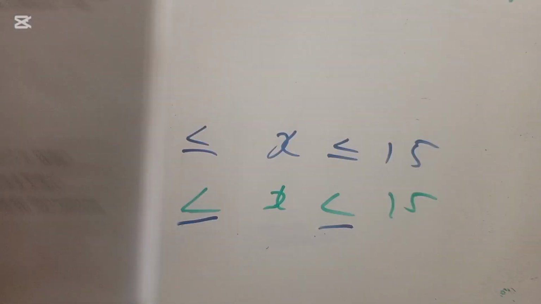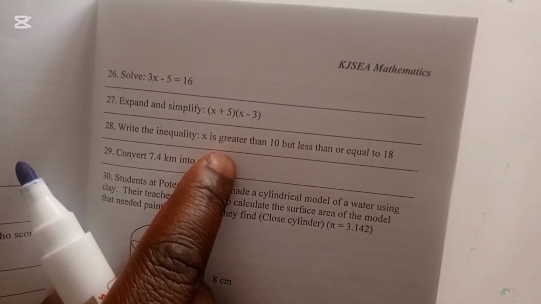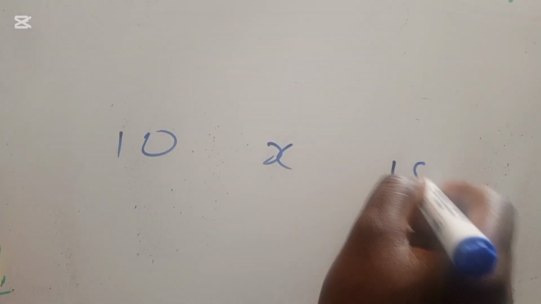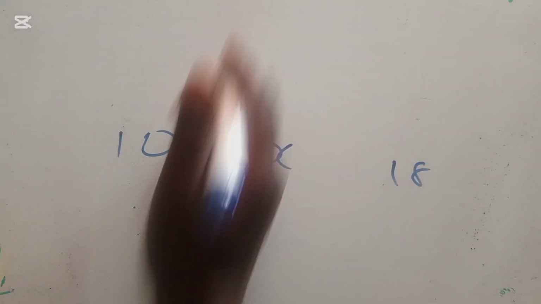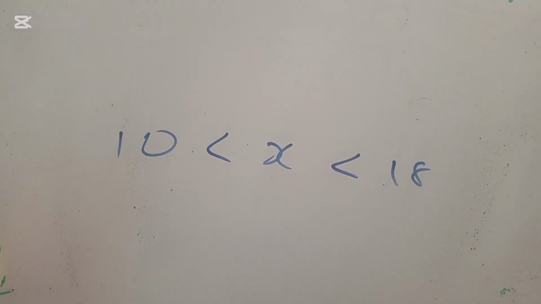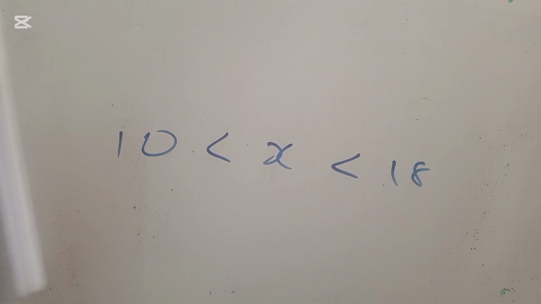So, what did we say about this question? The first thing you write, the x, the unknown between the two numbers. So we are talking about 10 and 18. So write 10 here, x, and you have 18. And what did we say also about the signs? You put less and less. Then you go ahead to interrogate the question and ask yourself, is there anywhere you will put an equal sign, a less or equal sign?